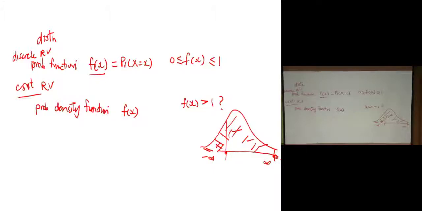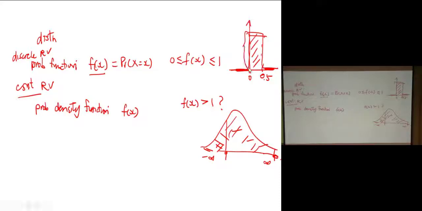Now, for another situation, take values just between 0 and 0.5. The rest of the PDF takes value 0, and it's flat. I want this area to be 1. The width here is 0.5.